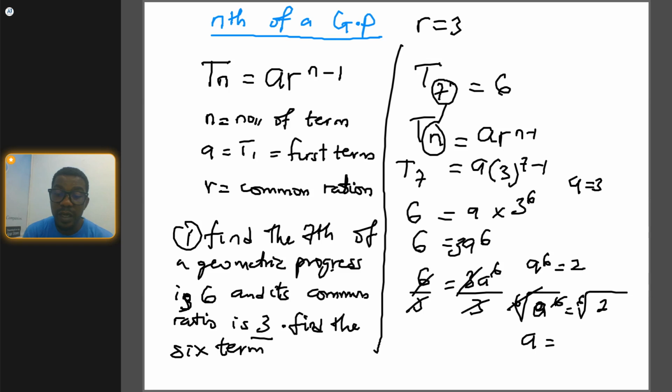That will be 3 raised to power 1 over 6. And that is A raised to power 6 equals 1 over 2.